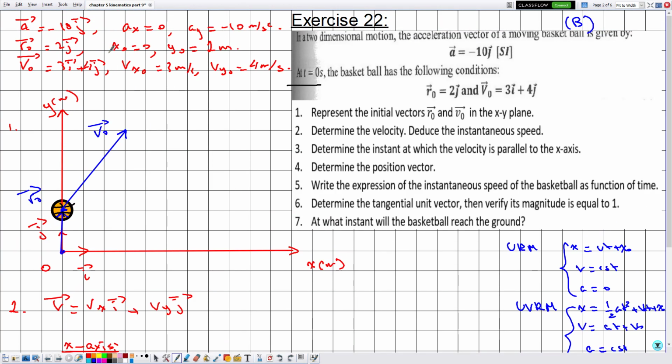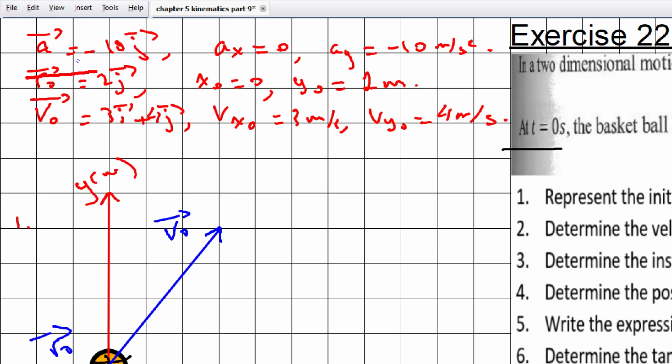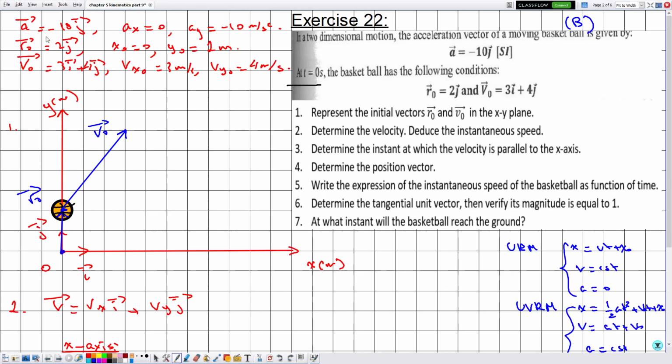Now we need to refer to the given. So in the initial vectors, they don't give us any information about the type of motion. We need in this case to refer to the acceleration.